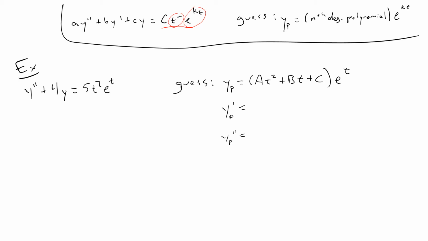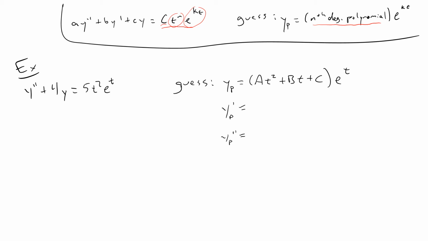If we see that happening, and here c is just some constant, a guess for a particular solution that would make sense would be some kind of nth degree polynomial times e to the kt.